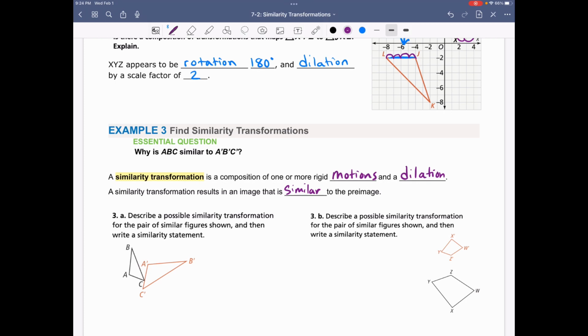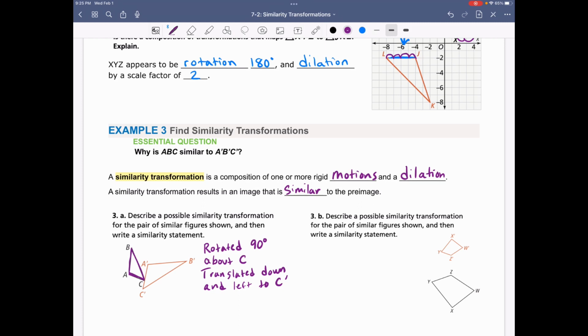Okay, we have this triangle ABC, and what happens is it appears to be rotated maybe 90 degrees, which is a rigid motion, and maybe it's about the point C. But then it would need to be translated down and left to point C prime.